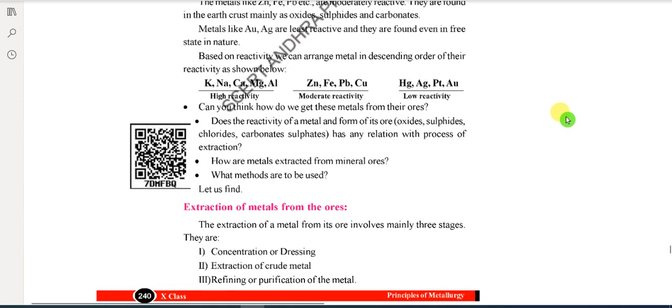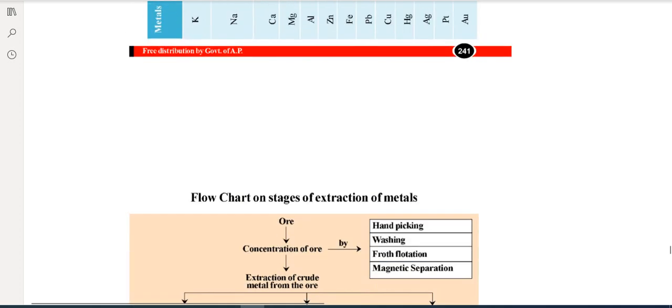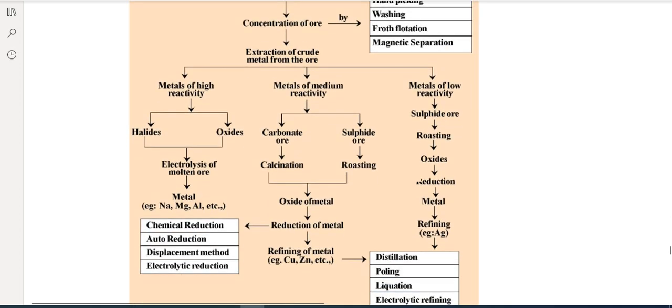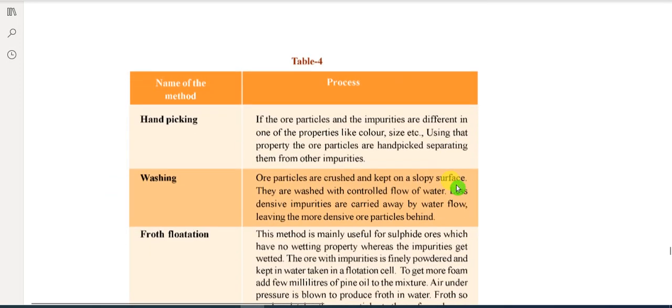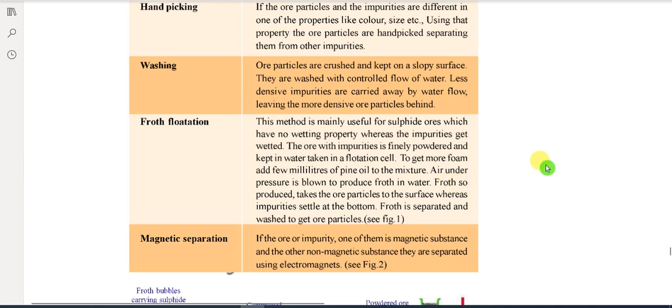Next, high reactivity, low reactivity, high reactivity, ores, and here picking is the main one. Refining of materials: distillation, poling, liquation, electrorefining. So read that one. And flotation.